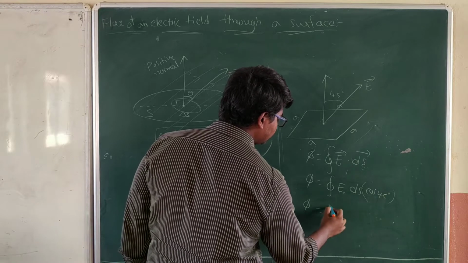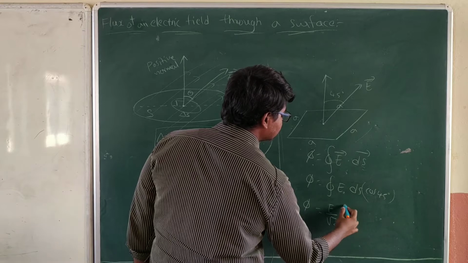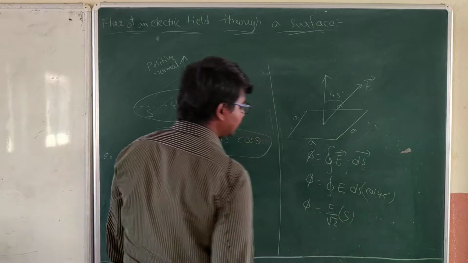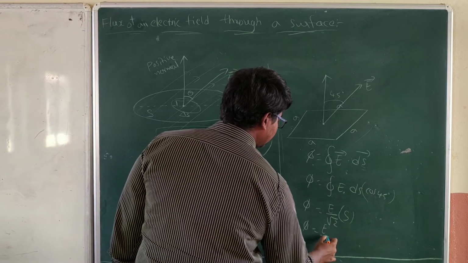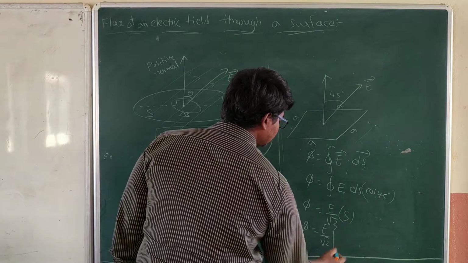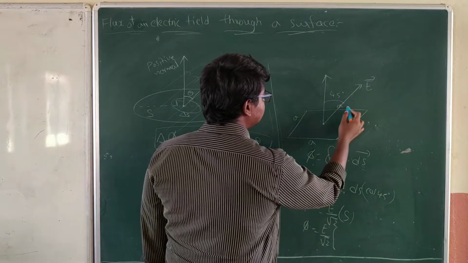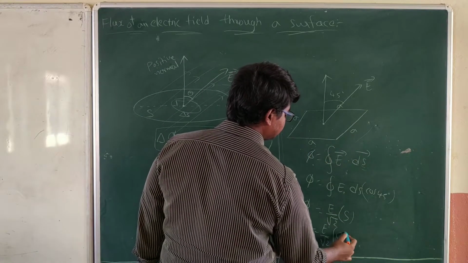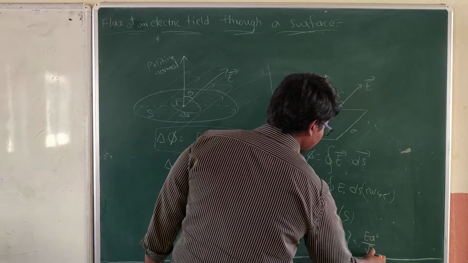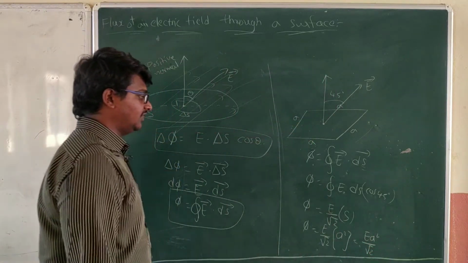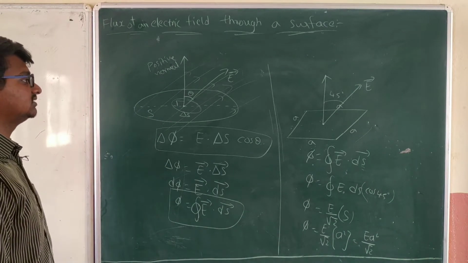Cos 45 is 1 by root 2, that is E by root 2 into s. Integral ds is s only, right? That is phi is equal to E by root 2 into s, meaning the surface area, this area, which is a square, simply that is E a square by root 2. Flux phi is equal to E a square by root 2, we can consider simply.